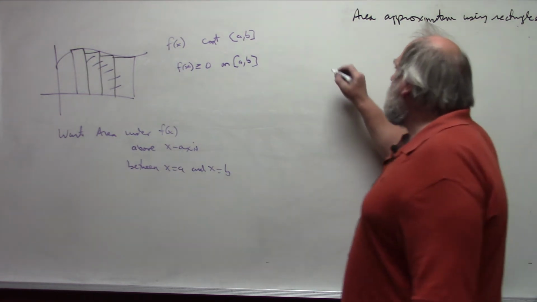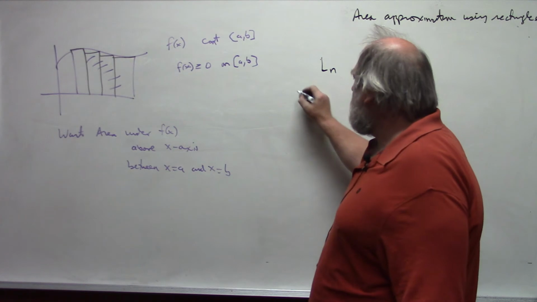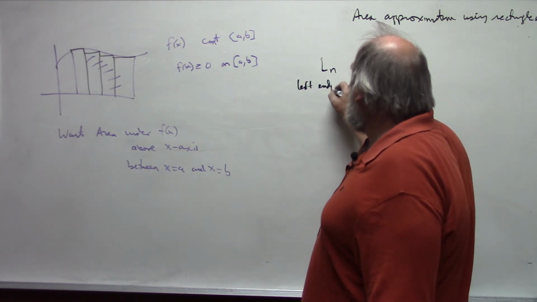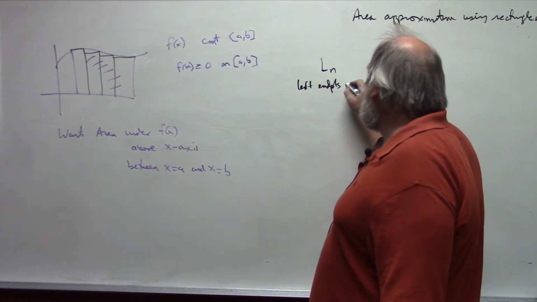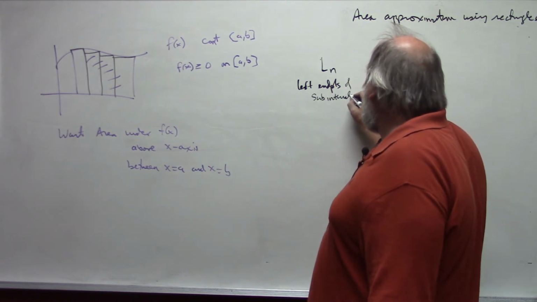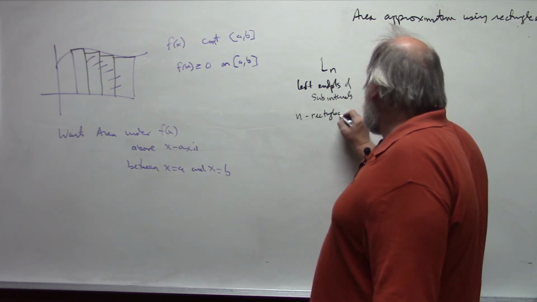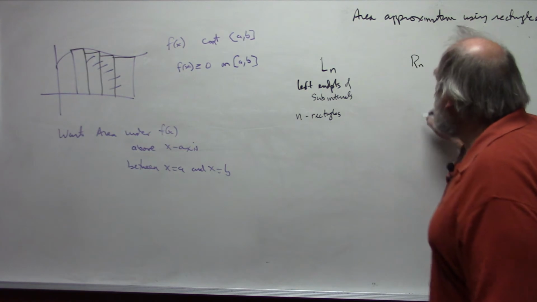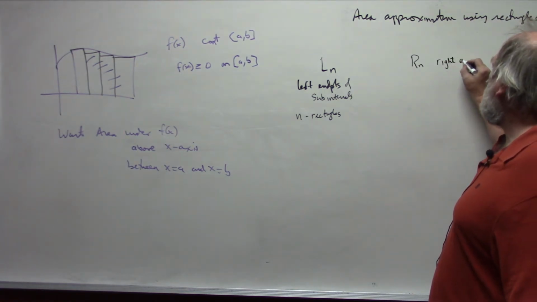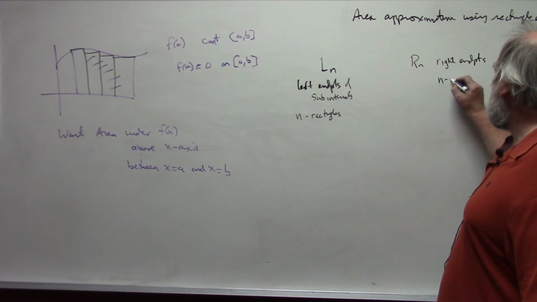So we will label these as L sub n, this is left endpoints of the subintervals with n rectangles, and R sub n, which is using right endpoints and n rectangles.